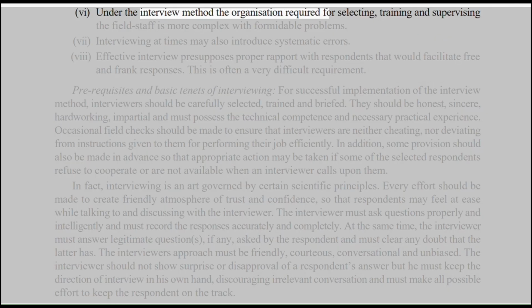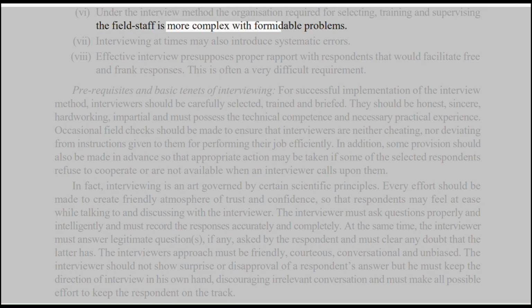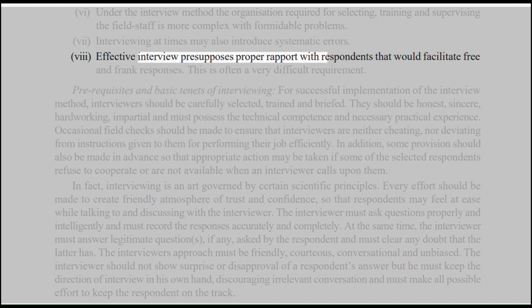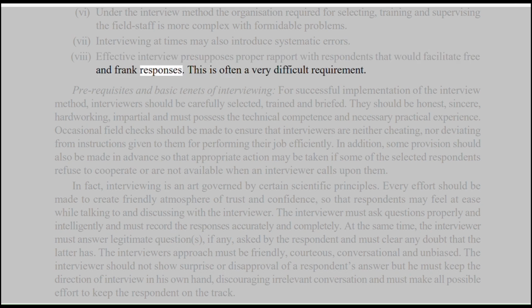Under the interview method, the organization required for selecting, training and supervising the field staff is more complex with formidable problems. 7. Interviewing at times may also introduce systematic errors. 8. Effective interview presupposes proper rapport with respondents that would facilitate free and frank responses. This is often a very difficult requirement.